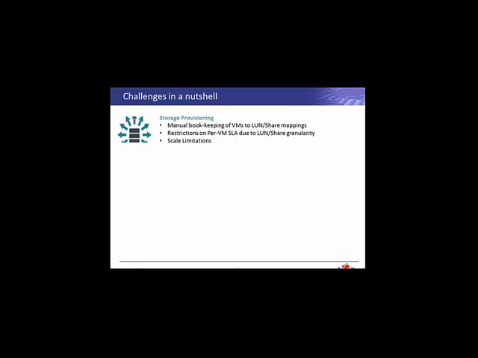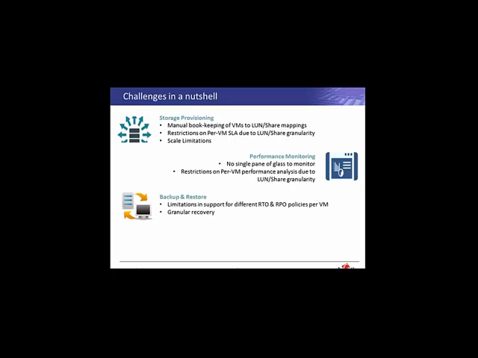Working around the scale limitations. Finding solutions for restrictions on per VM performance analysis due to LUN or share level granularity. Perform tedious and time-consuming activities in troubleshooting the performance bottlenecks for virtual machines or applications, and working with limitations in supporting different RTO RPO policies for VM or application level granularity.